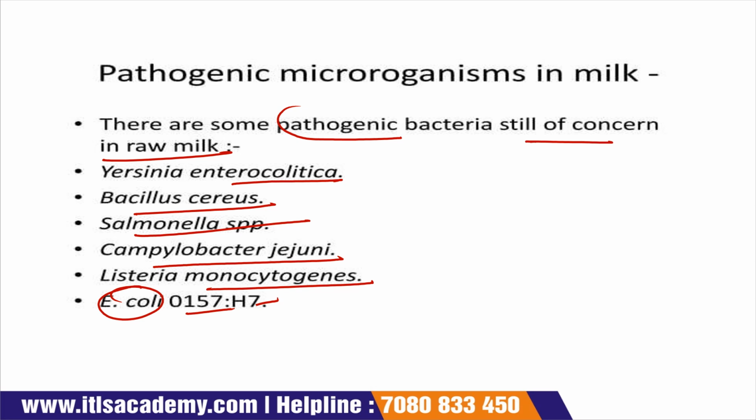These are the pathogenic microorganisms which are a concern if they are present in milk, because they will create diseases which seriously affect the life of human beings. Even E. coli contamination in raw milk can become the reason for the death of the person who consumed this milk.